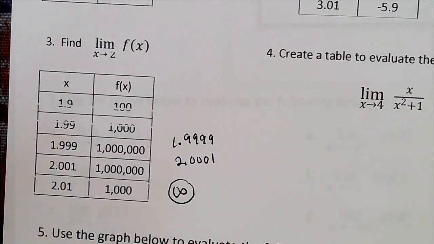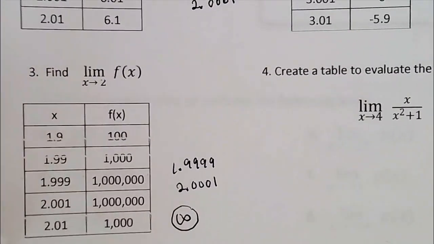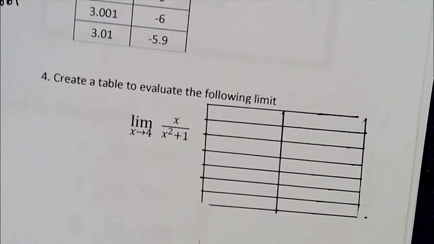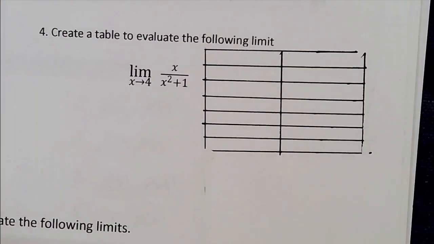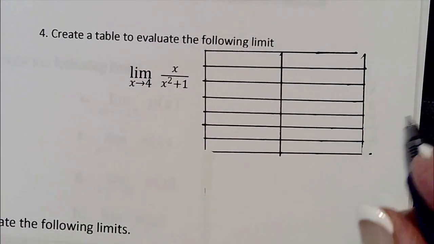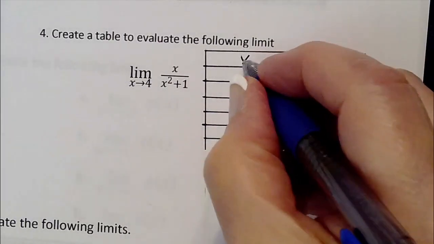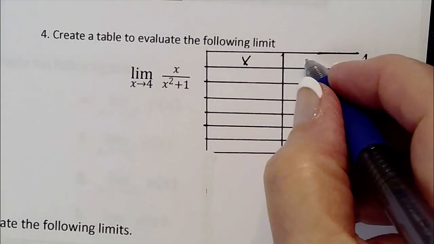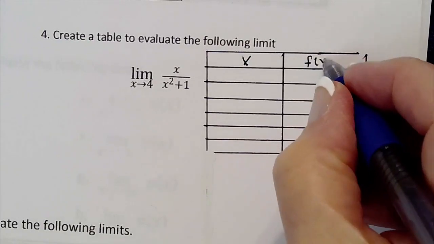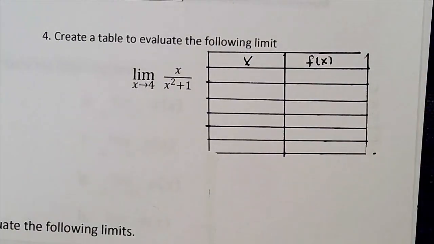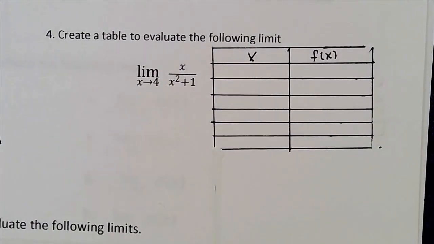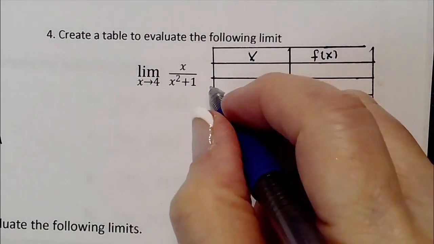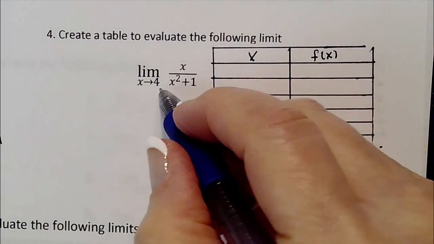Okay, the fourth one is the table that we're supposed to evaluate ourselves. So we're going to make a chart just like we had on the other ones. We're going to have a chart that has an x, and ours is going to be called f of x. So now we're going to put in numbers closer and closer to 4 this time, because x is on the way to 4.